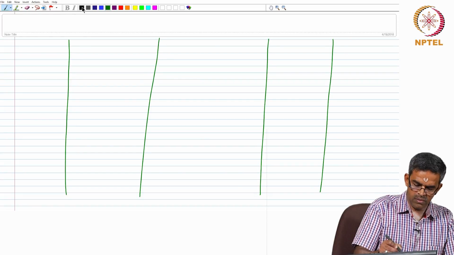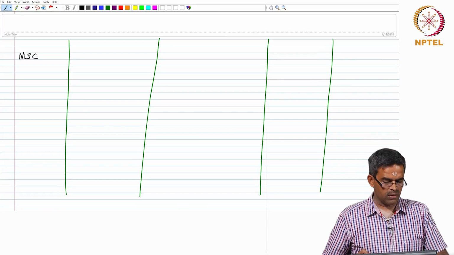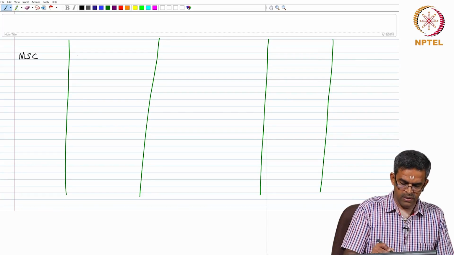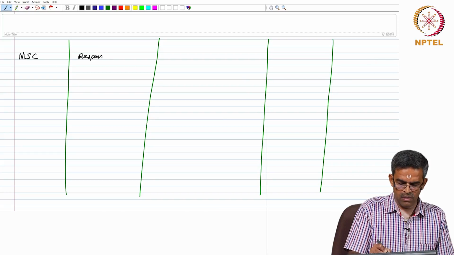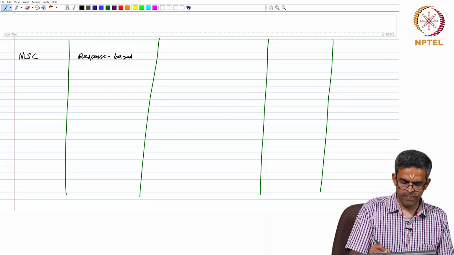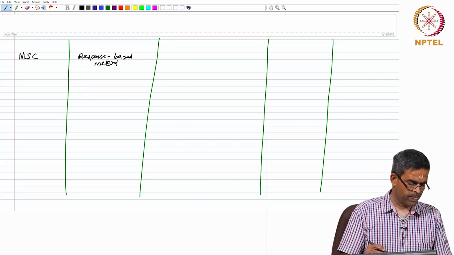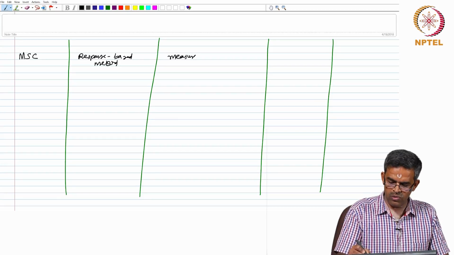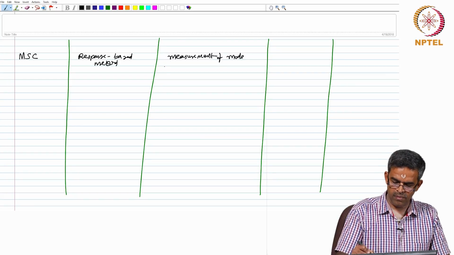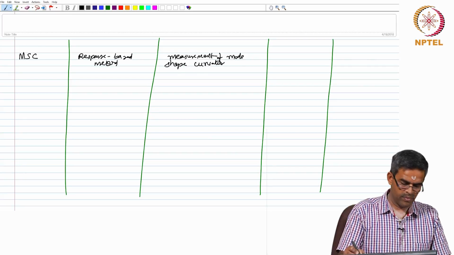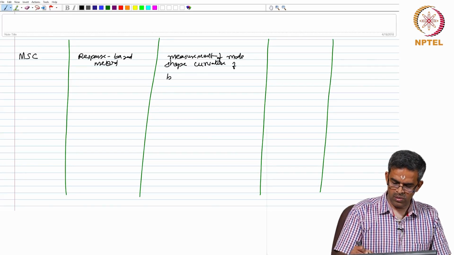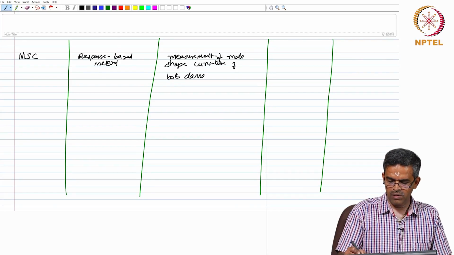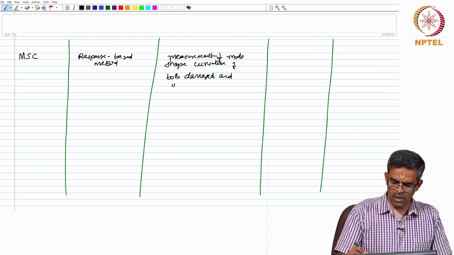The third one is modal strain energy, comparison of the curvature. This method is again a response based technique. This method also demands measurement of mode shape curvature of both damaged and undamaged member.